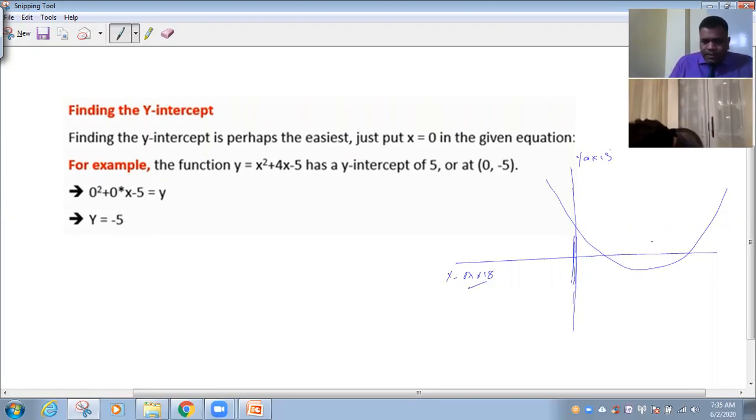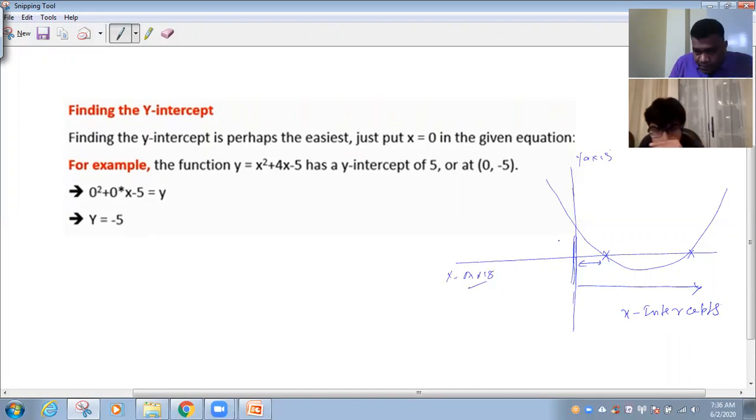So you see in this case, the graph I sketched here, we are getting two x-intercepts. One is from here to here, the other is this distance. These are the x-intercepts, right?